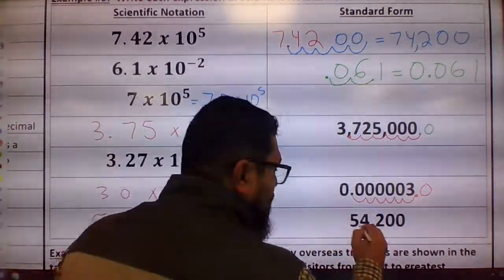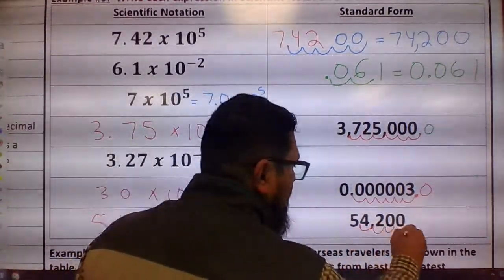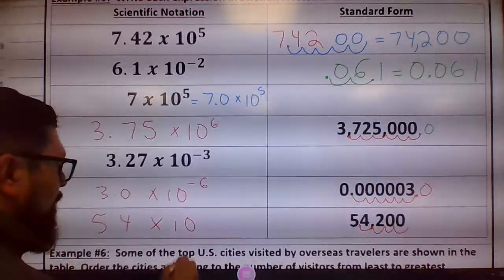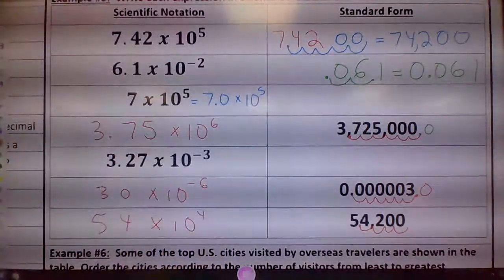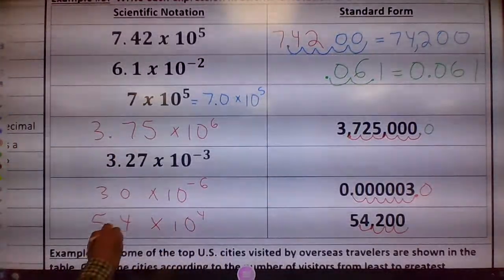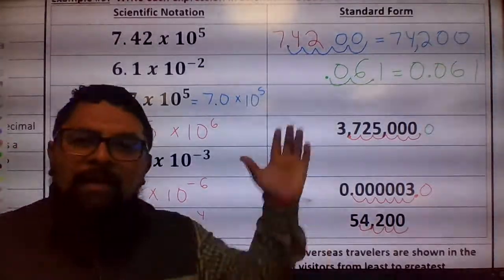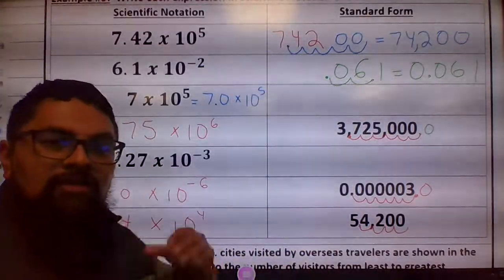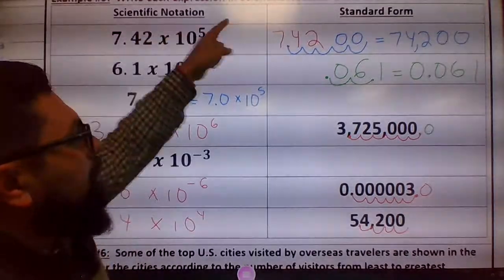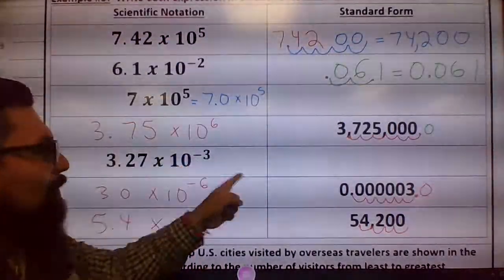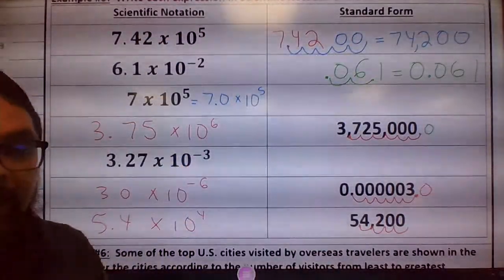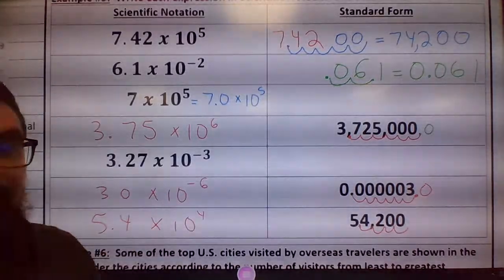So it's going to move 1, 2, 3, 4. Looks like it moves 4 times. So times 10 to the 4th. 5.4 times 10 to the 4th. Now, look at all these problems. Just kind of acknowledge that when it's a positive, your number's big. When it's a negative, your number's small. Okay? All right, guys, that's your answers right here.